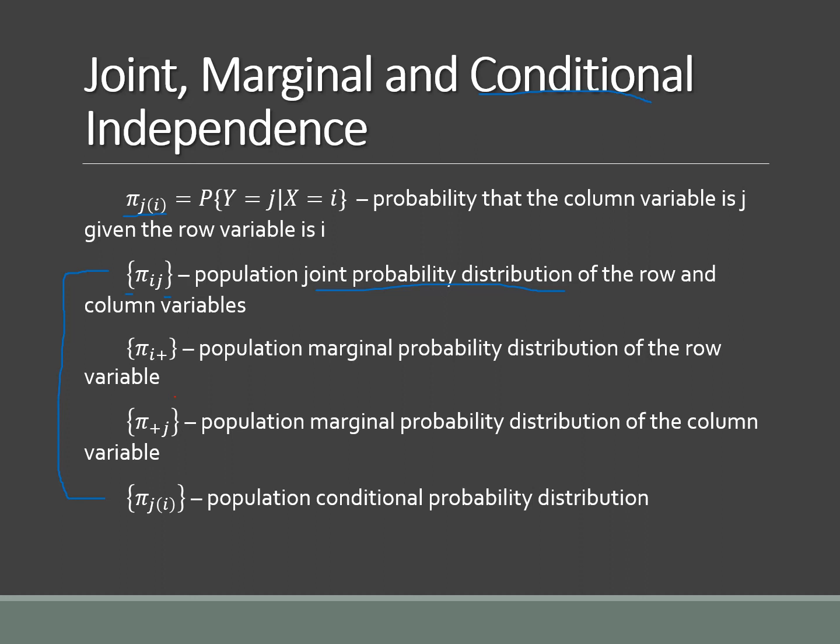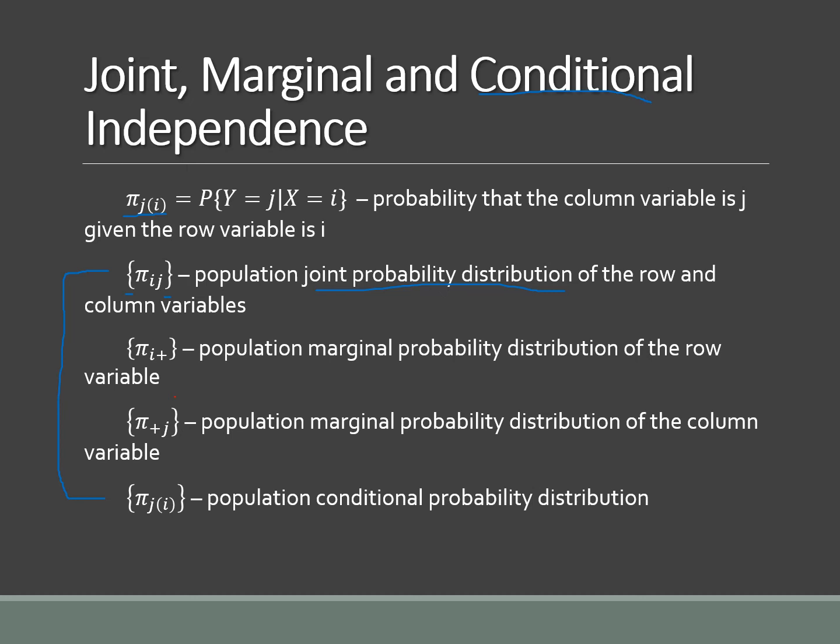You would list down the specific values of the probabilities for each of the pi ij's. Same goes here. You will write pi 1 plus is equal to some value, pi 2 plus is equal to some value, and pi 3 plus is equal to some value. Okay, so that is the main difference when you are enclosing them in braces or not.